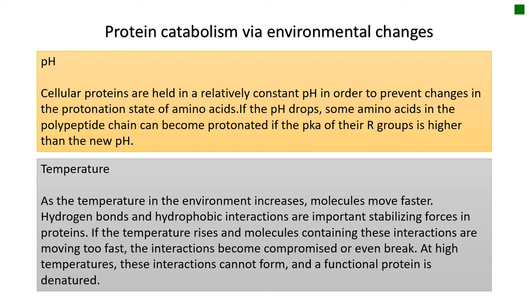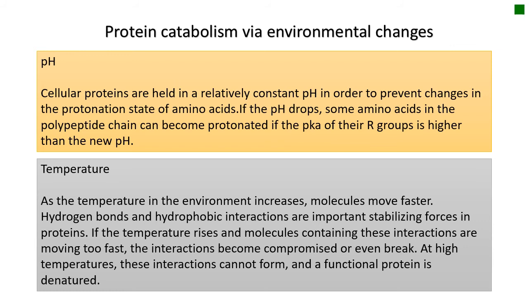Another one is temperature, like when you are cooking an egg. When you cook the egg white, you cannot turn it back to its original raw state. Why? Because the protein albumin is already denatured. As the temperature in the environment increases, molecules move faster. Hydrogen bonds and hydrophobic interactions are important stabilizing forces in proteins.